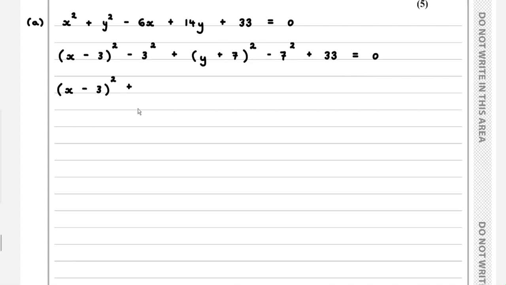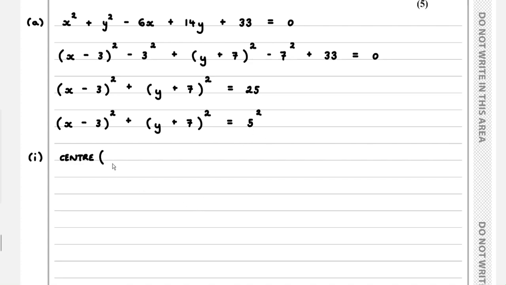So I've got x subtract 3 squared plus y plus 7 squared equals negative 33 plus 49 plus 9, which is 25. The 25 I can rewrite as 5 squared. So I've got x subtract 3 all squared plus y plus 7 squared equals 5 squared. So the centre is given by 3, negative 7 and the radius is equal to 5.